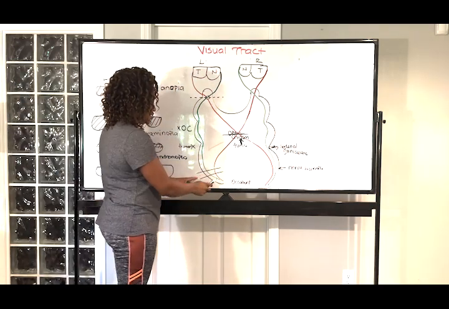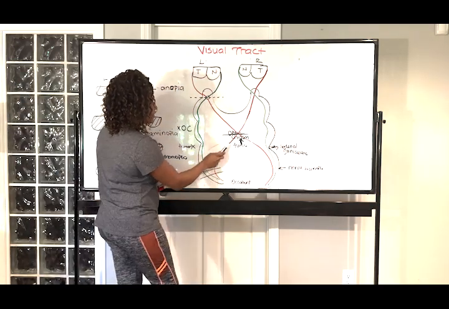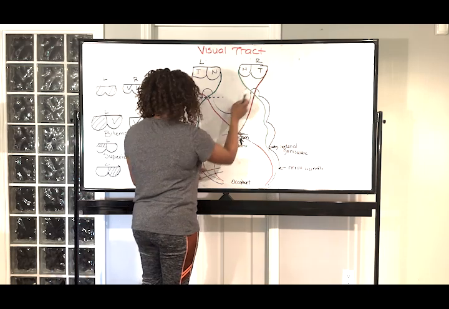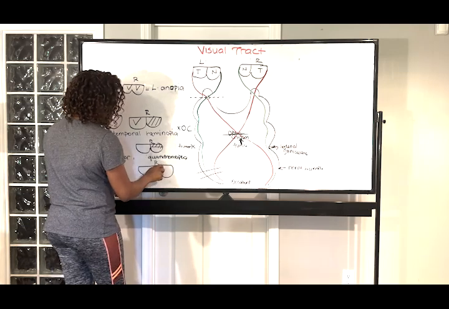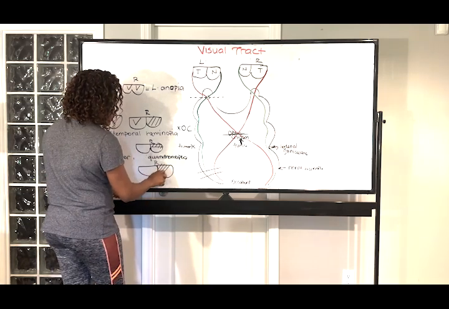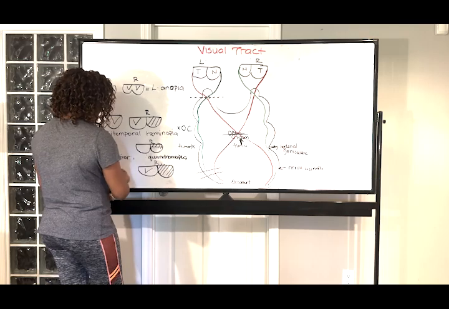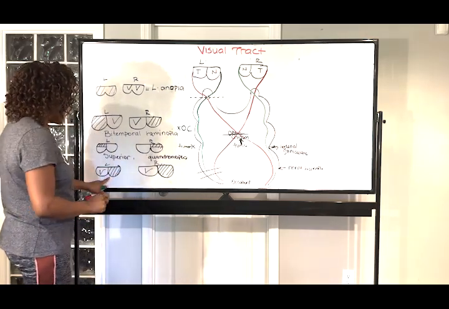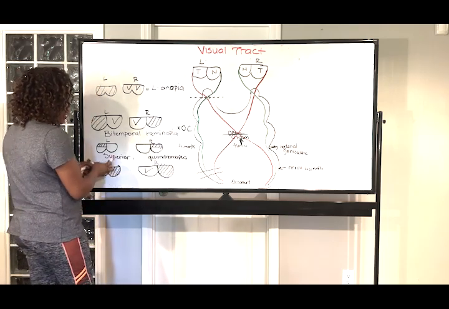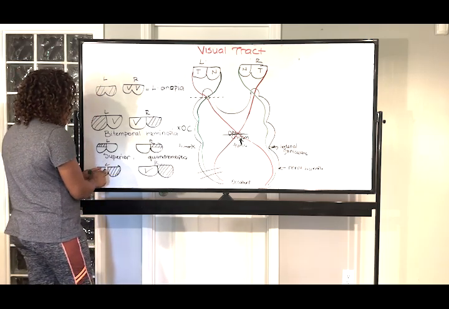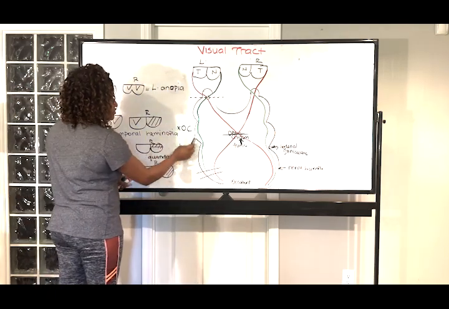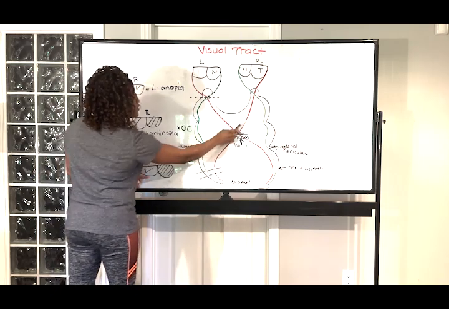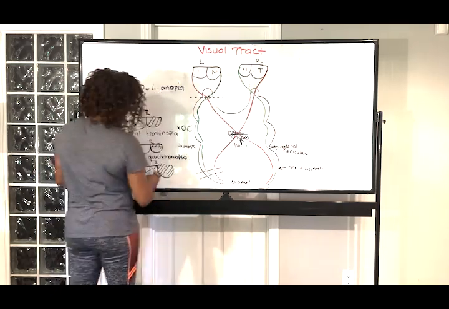And this lesion, the red side, carries the information from the temporal side. So on the right eye, we're losing the temporal, and this is preserved. So here, we're losing the vision on the nasal part of the left eye, and the temporal side of the right eye.